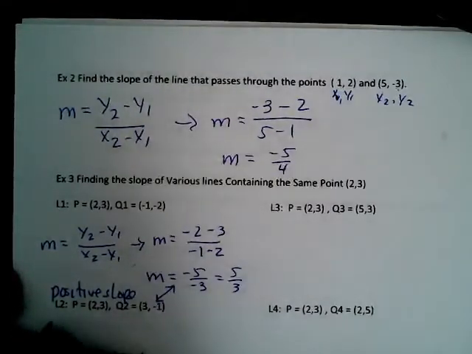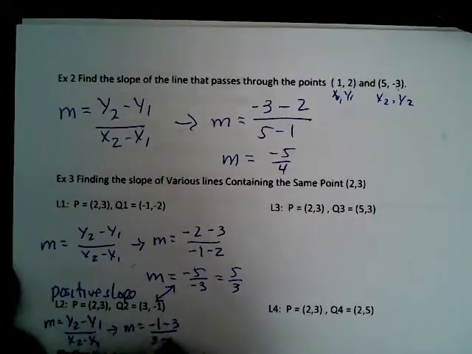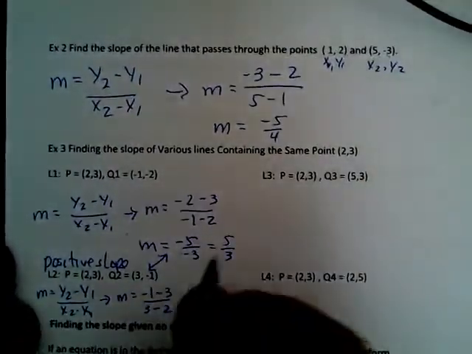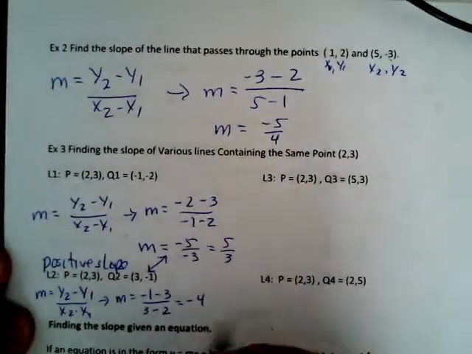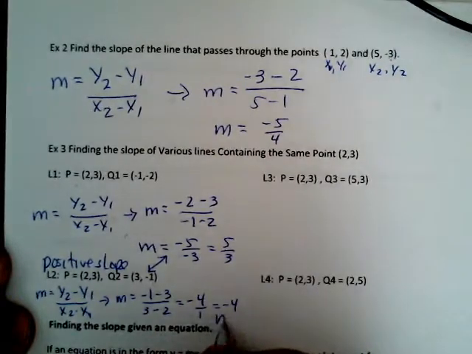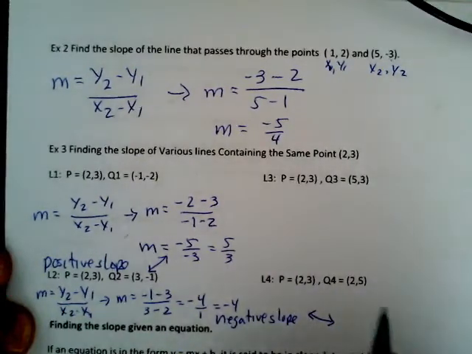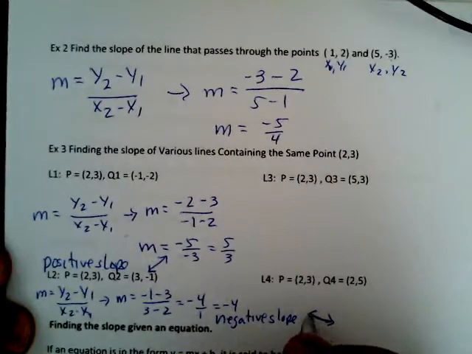Down here, we do it again. So I get negative 1 minus 3 over 3 minus 2, which is negative 4 over 1, which is negative 4. And this is what we call a negative slope, which means the line decreases as we move left to right on the graph.